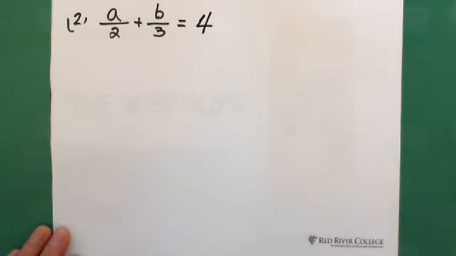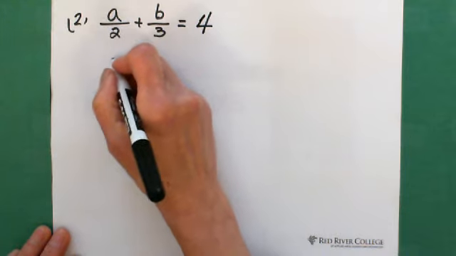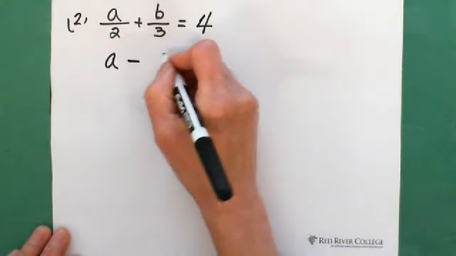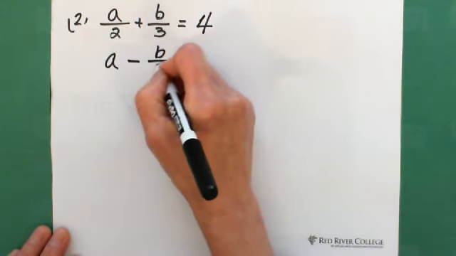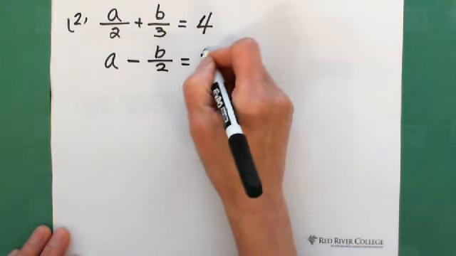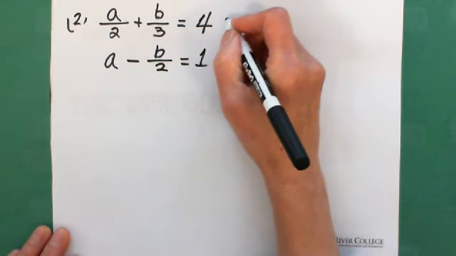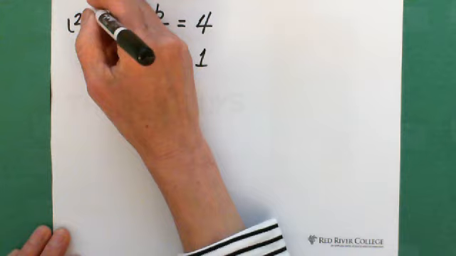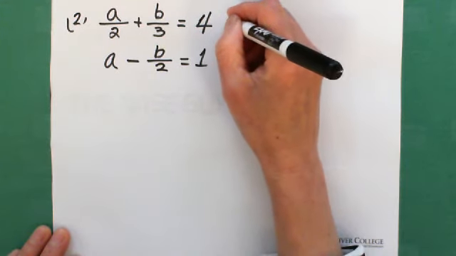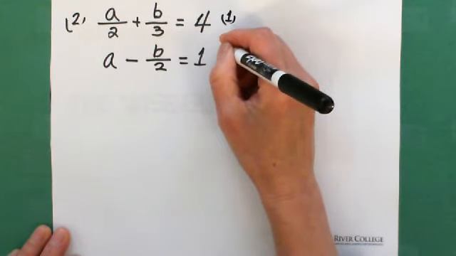This is the first equation. The second equation is a minus b over 2 equals 1.